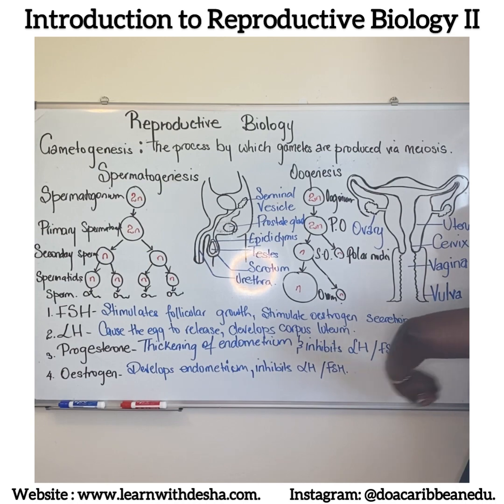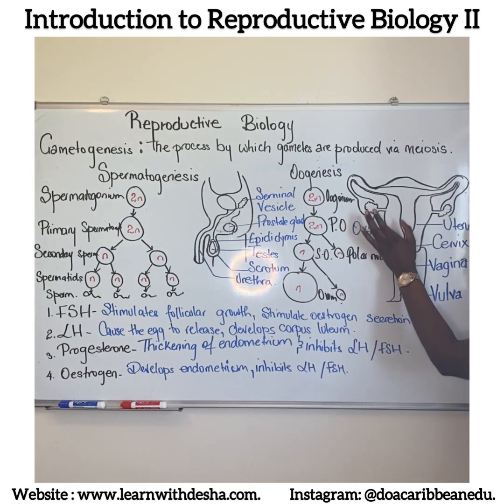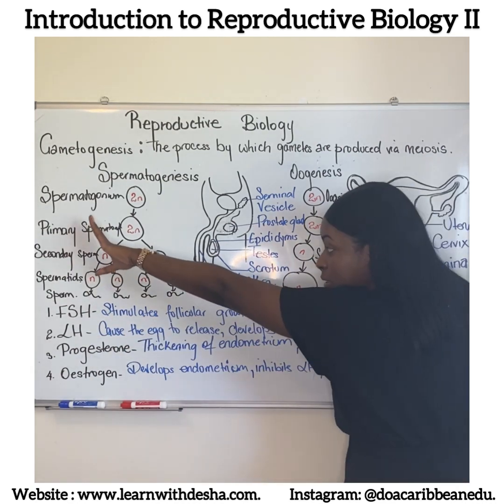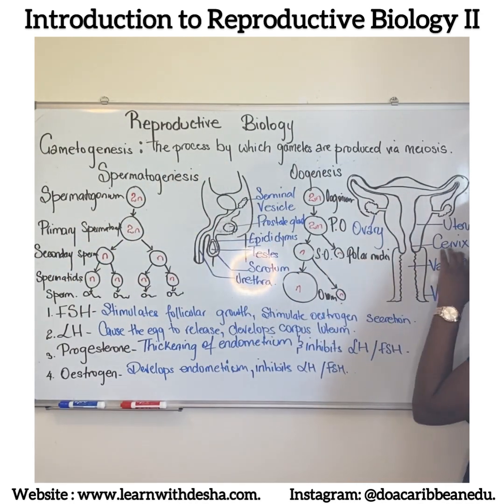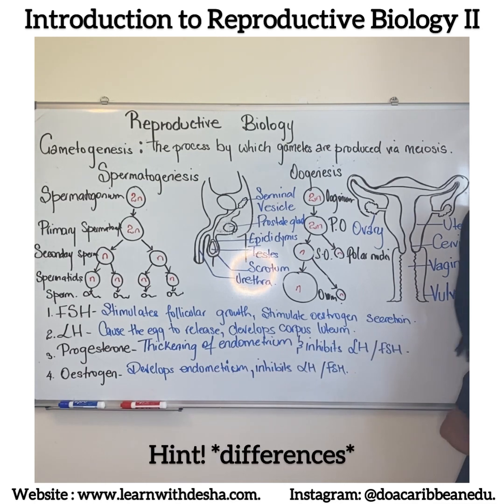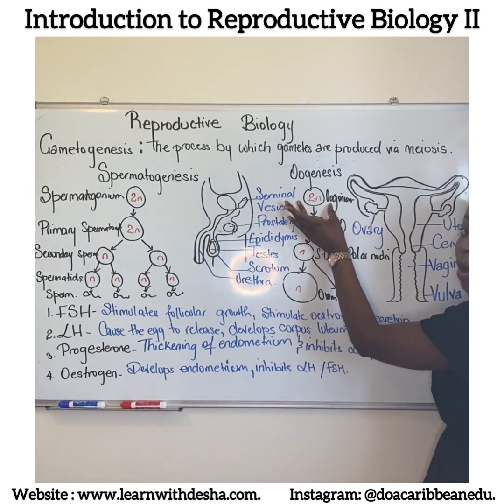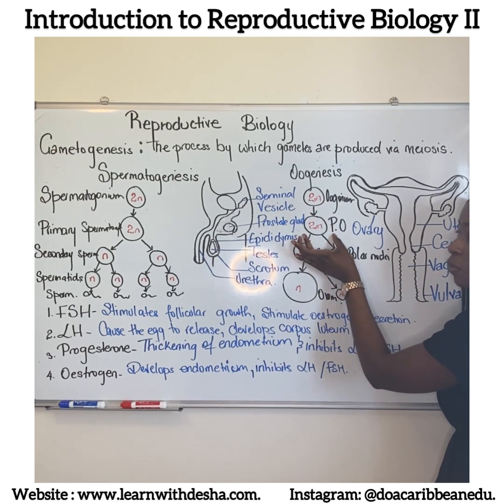Oogenesis occurs in the ovaries, and unlike males, where it begins at puberty, oogenesis begins at birth. How cool! Similarly, the oogonium, which is diploid, undergoes mitosis to form the primary oocyte.